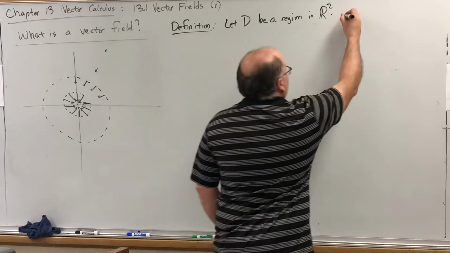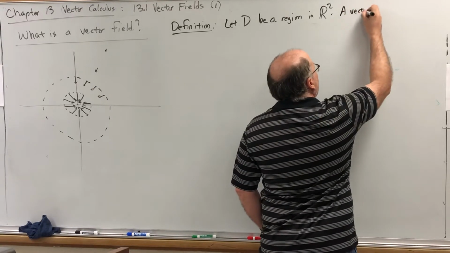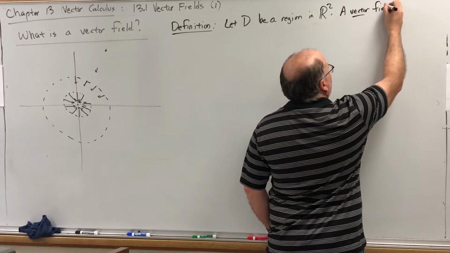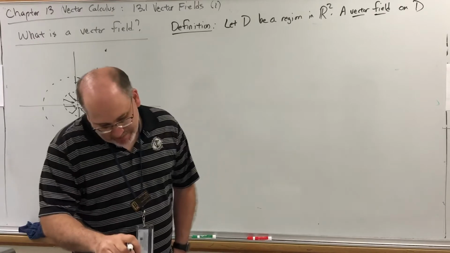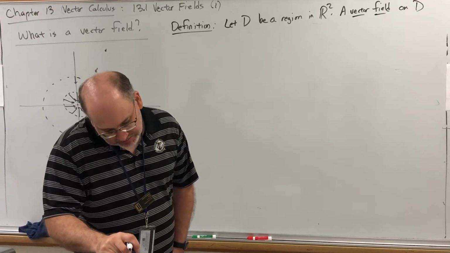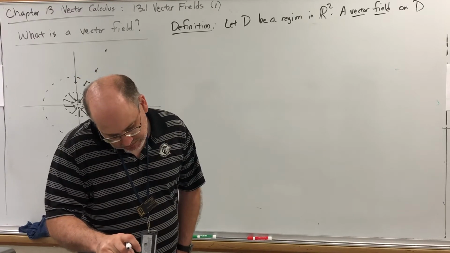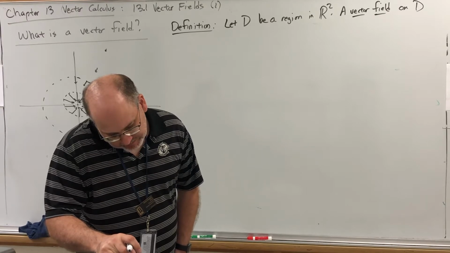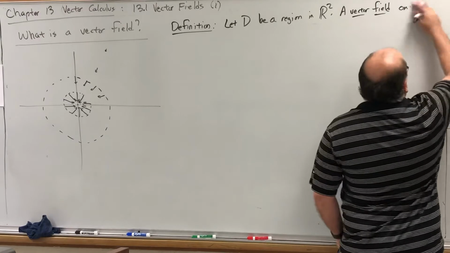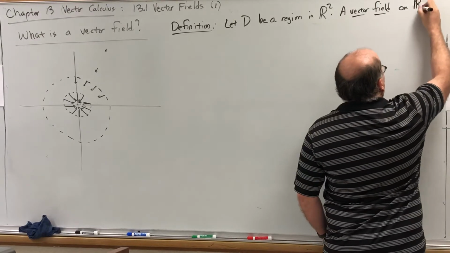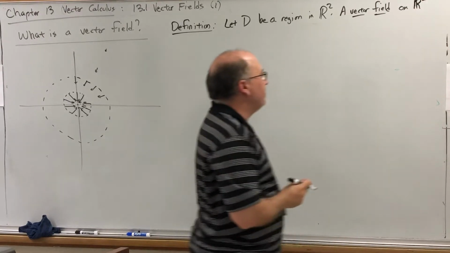A vector field on D, and by the way, D may be the entire... one moment. Okay. They actually define the vector field on the entire plane, R2. They'll allude to D in a moment.